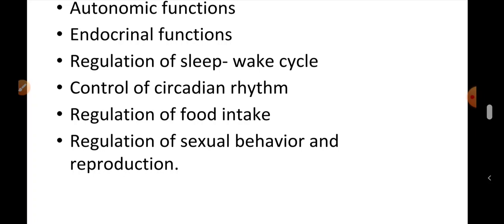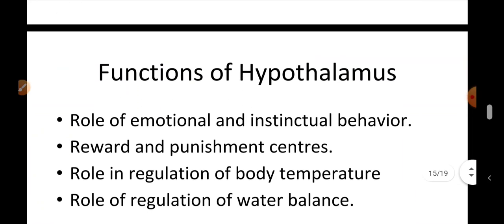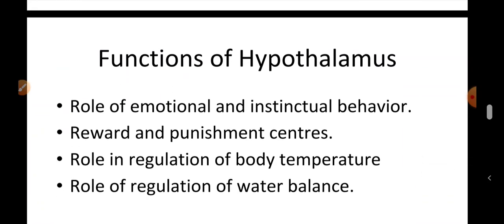The pathway of sex regulation is amygdala, stria terminalis, preoptic area, and the tuberal region of the hypothalamus. Also, the hypothalamus has an important role in emotions and instinctual behavior.